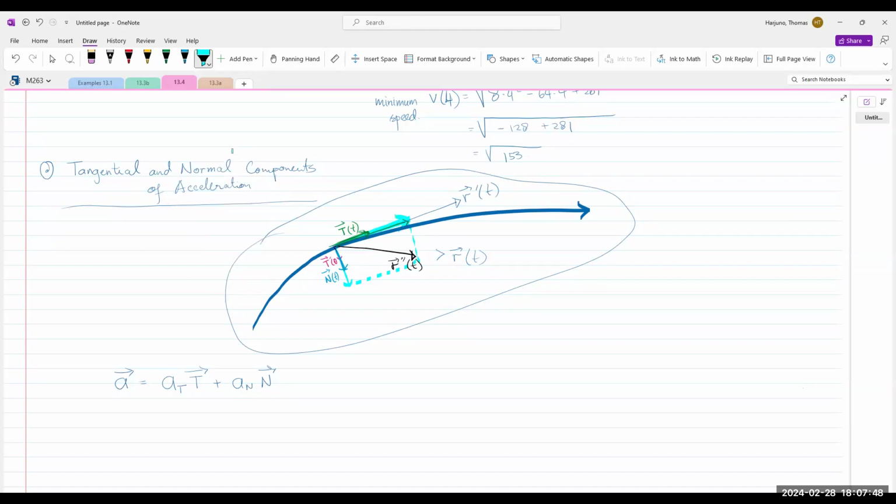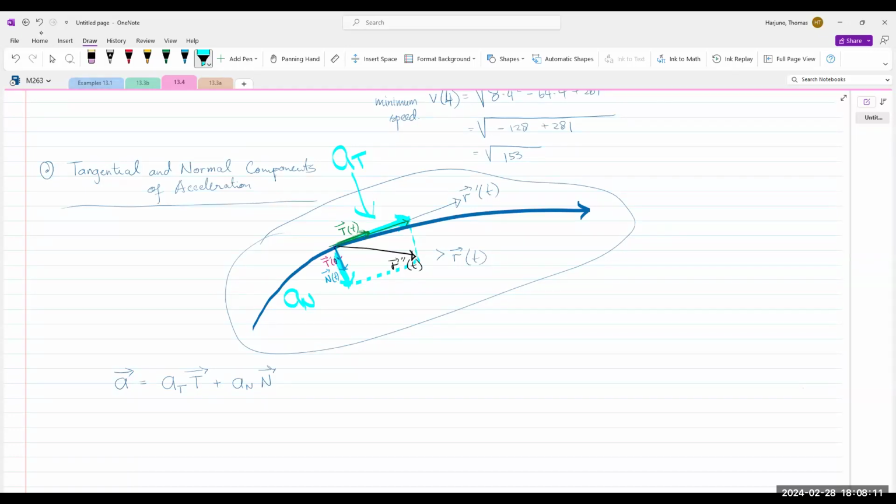The length of this guy here is basically the a sub t. Okay, that's the length. And the length here is our a sub n, the normal component of that acceleration.